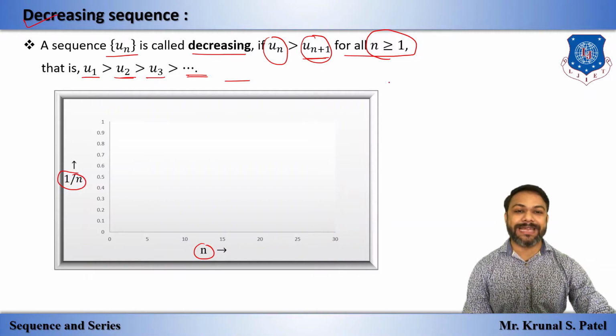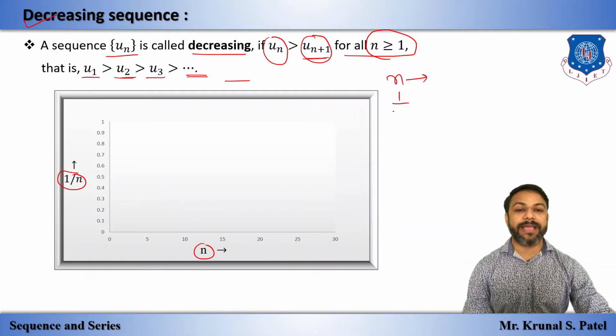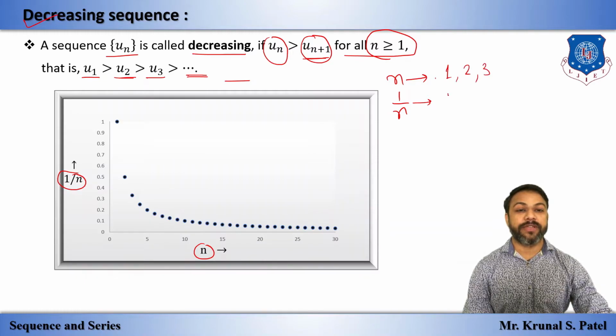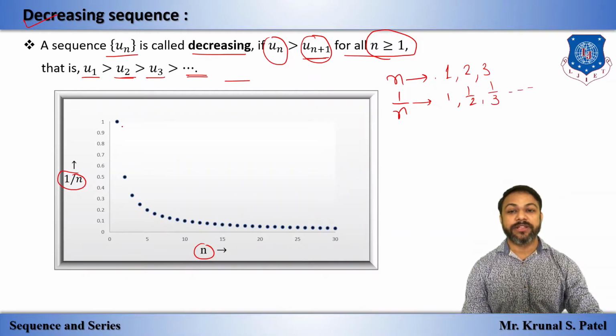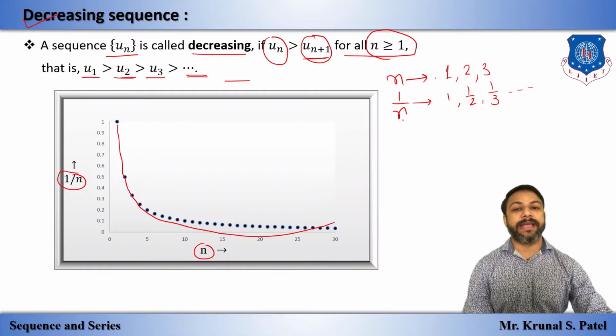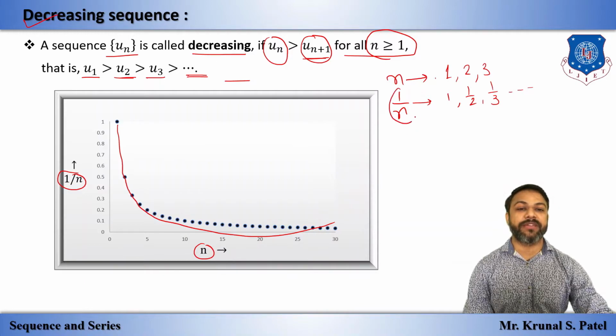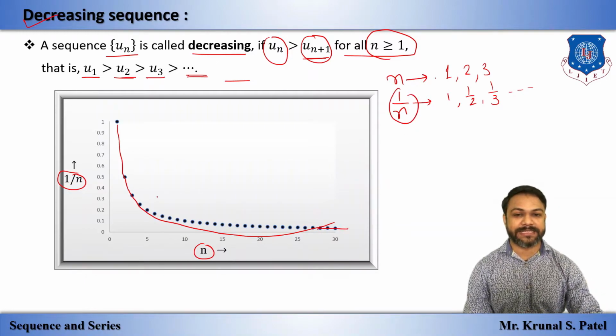That means as n increases, 1 by n goes smaller and smaller: 1, 1 by 2, 1 by 3, and so on. As n tends to infinity, 1 by infinity goes to 0. This is decreasing.